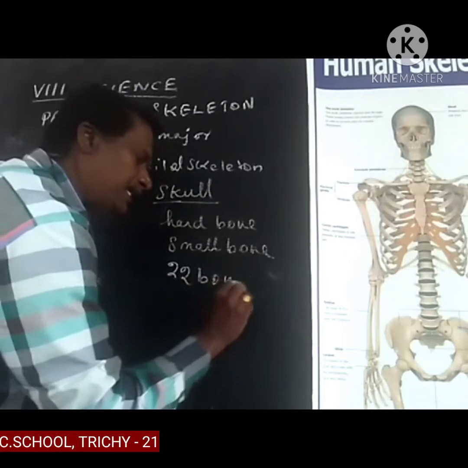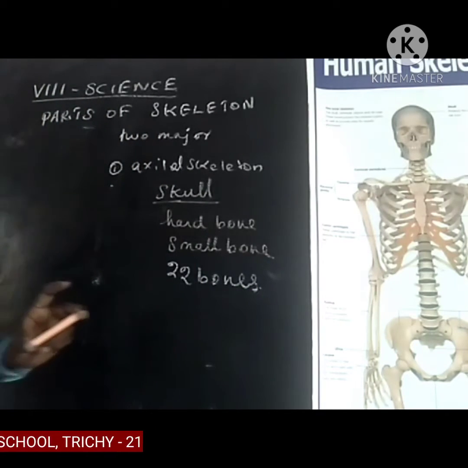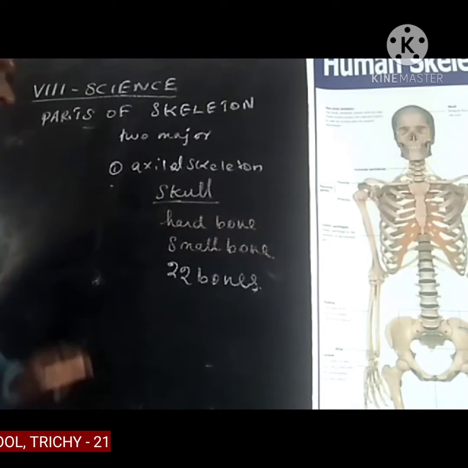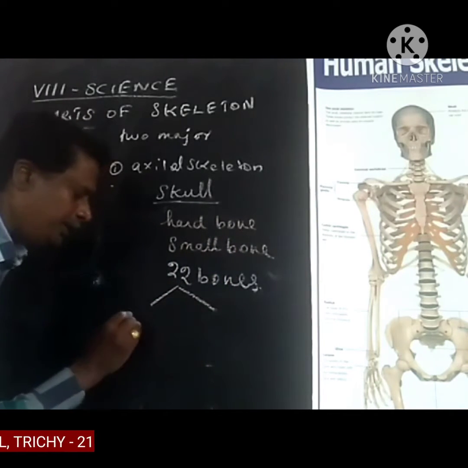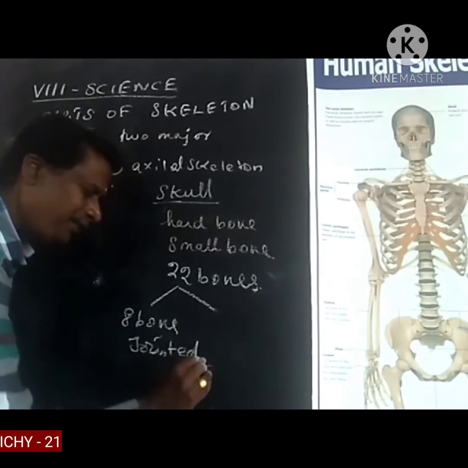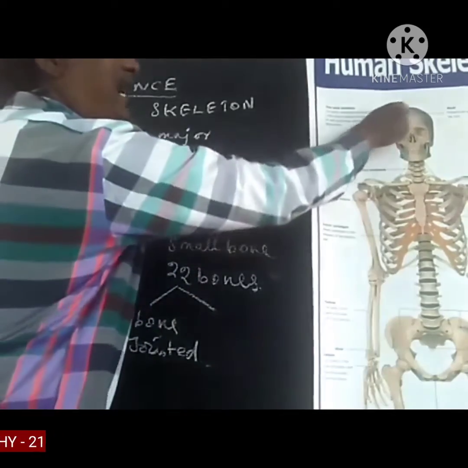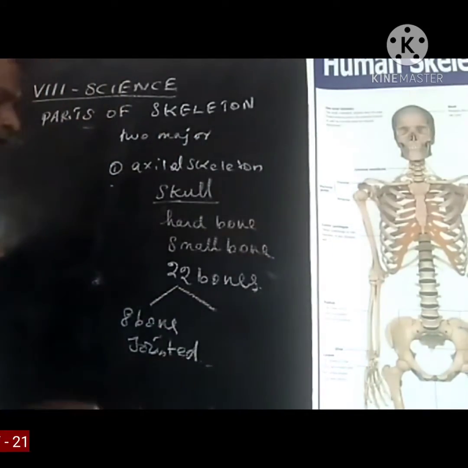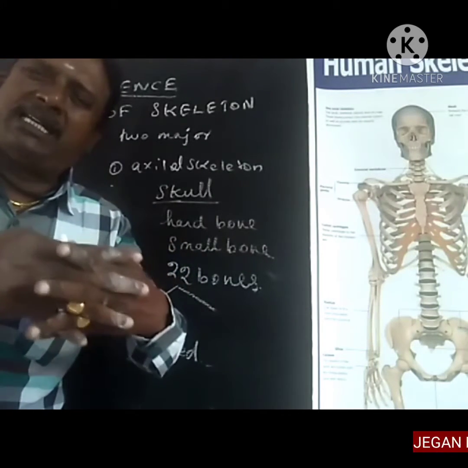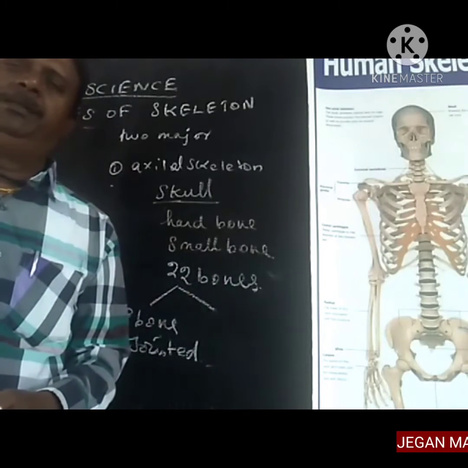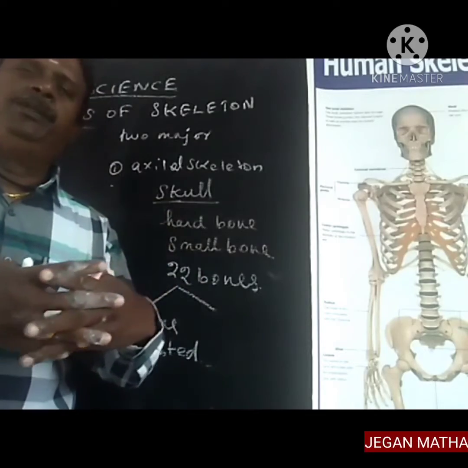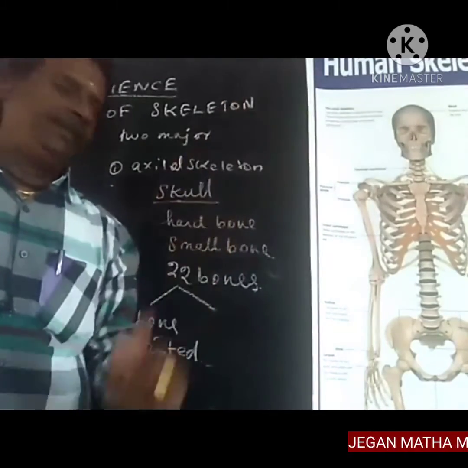The skull consists of 22 bones. Among the 22 bones, 8 bones are joined, tightly packed and immovable, and they occur in the skull.